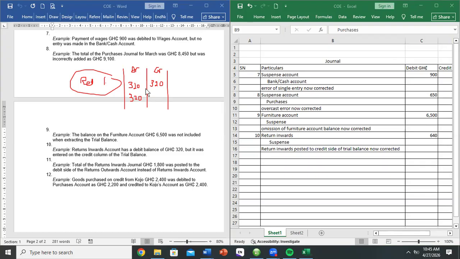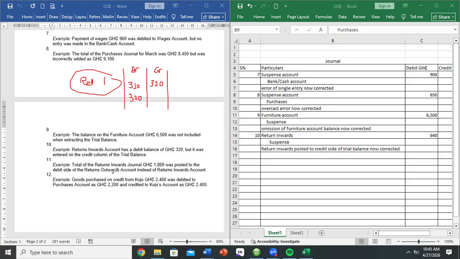Number 11. I think I'll quickly run through the two. So total return inwards journal of 1,800 was posted to the debit side of return outwards instead of return inwards. Wow. Let's read the error again.